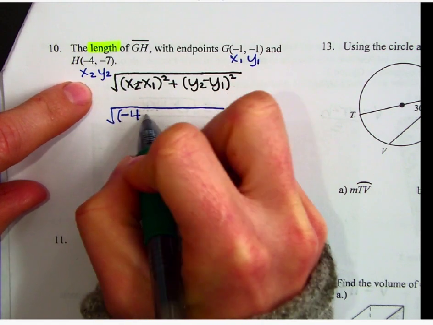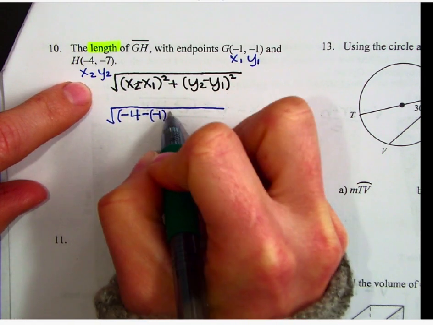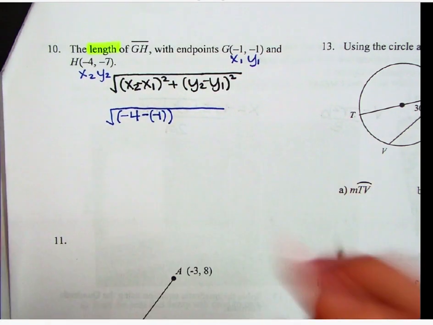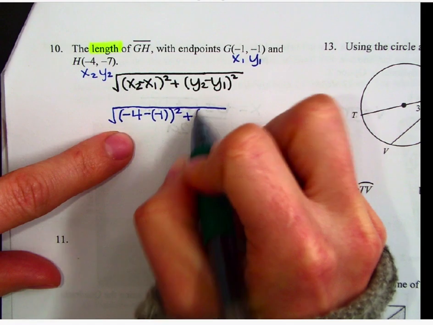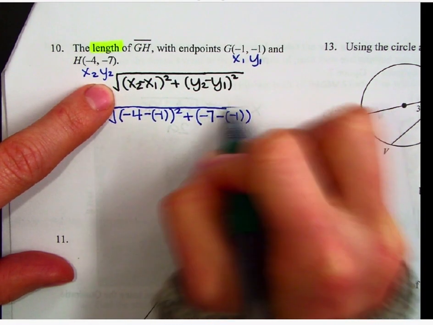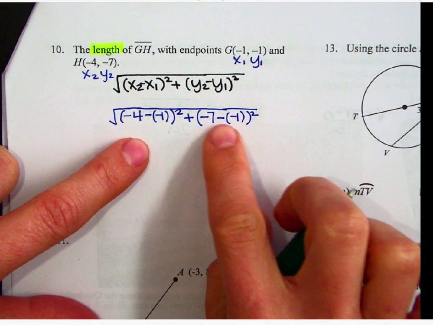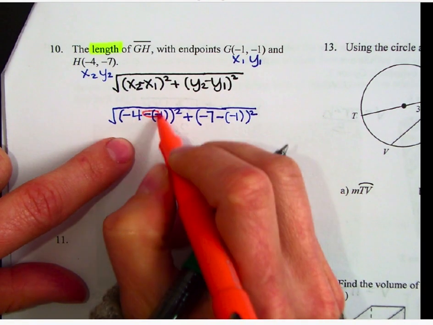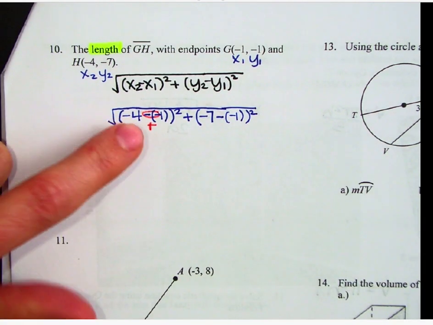So -4 minus -1. Be very careful that we understand there's two negatives. We're going to square that. Plus the difference in y values, so -7 minus -1. Again, be very careful of the minus negative. We need to know that when you're subtracting a negative, it means we're adding.